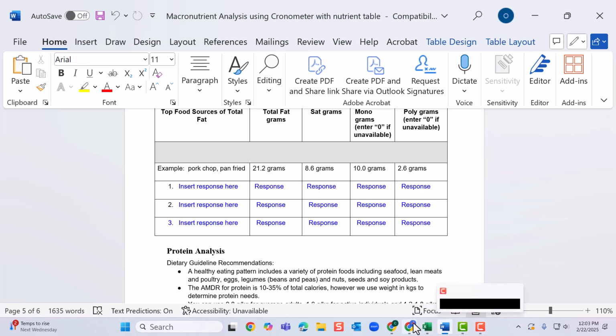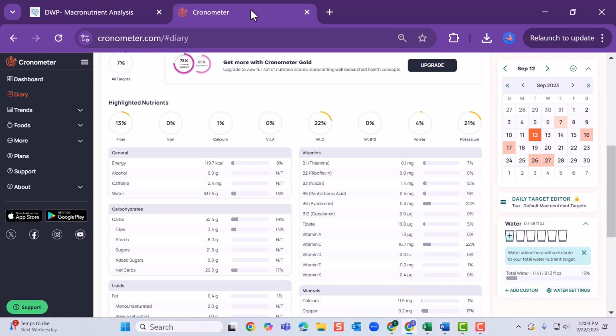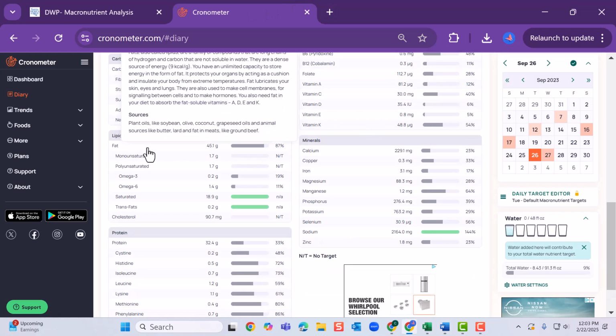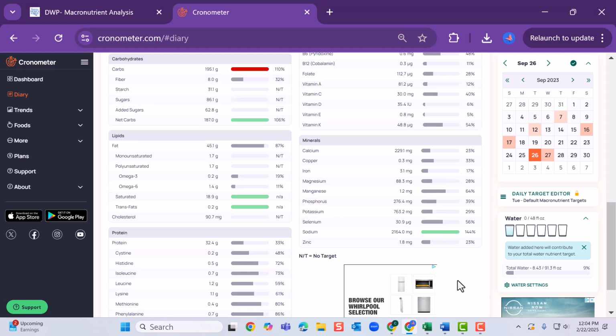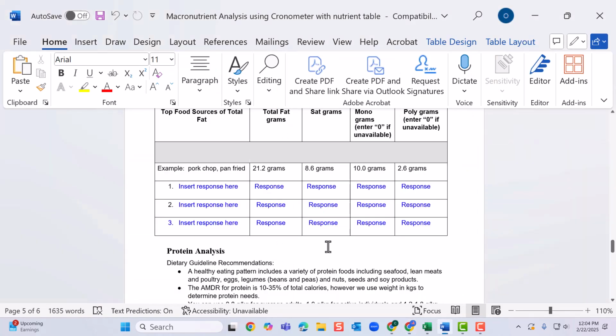Let me show you that on the Cronometer food diary. Here's your total fat, and this is for the first day, and it shows that the Cinnabon was 37 grams. So that is what you're going to enter for the first day.